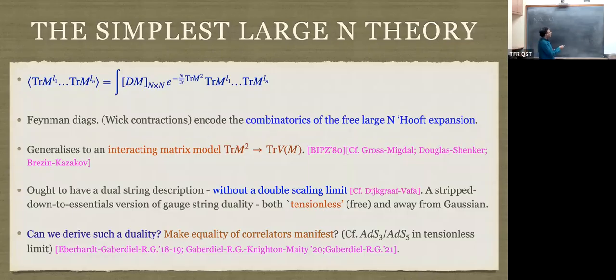This list should be captured by a dual string theory away from any double scaling limit, so without any double scaling limit. And in that sense, I want to propose that it's a very stripped down to the essentials version of gauge string duality, in which you can work at this tensionless limit, which is what I will mostly focus on. But by this philosophy, as will become evident, you can go away from the Gaussian also.